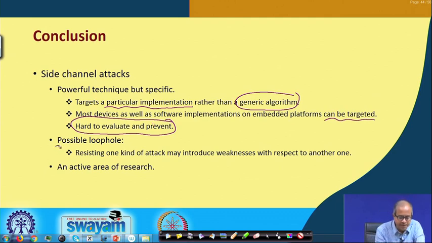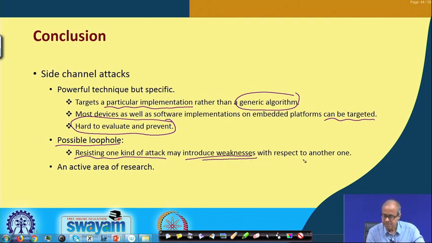And one big loophole is that, let us say if you are trying to resist one kind of attack, let us say you are stopping power analysis attack, but maybe in the process you are introducing weakness so that another side channel attack can be mounted, using a different side channel mechanism like scan chain based attack or something else.